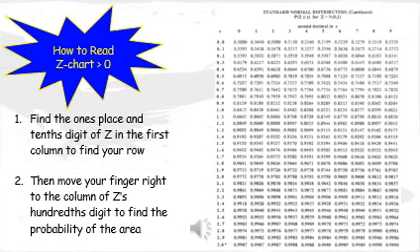Now, let's learn how to read the z-chart when z is greater than 0. First, find the ones place and the tenths digit of z in the first column to find your row. Then, move your finger right to the column of z in the hundredths digit to find the probability of the area.